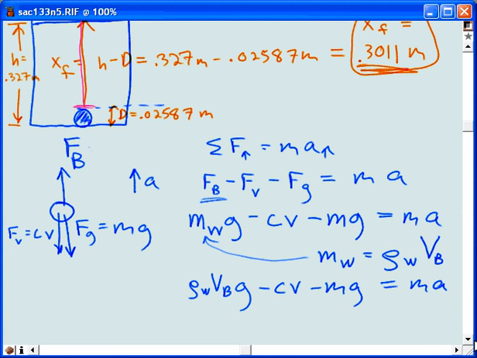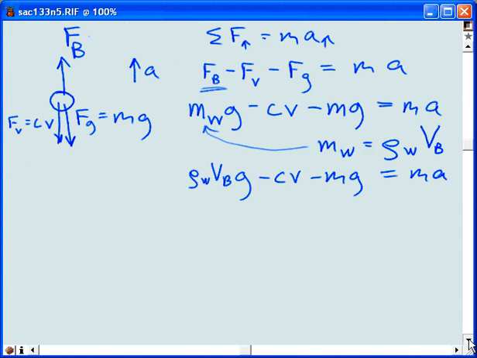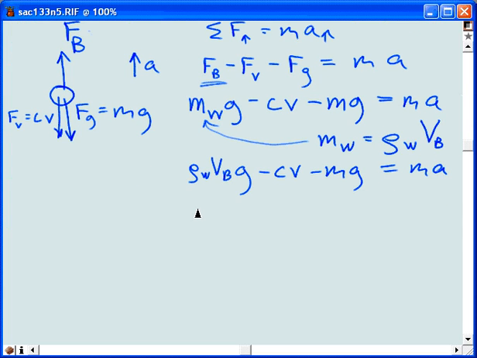Equals m a. Then I'll divide both sides by m and switch the order. So I'll have a is equal to, I'm dividing both sides by m. Actually, maybe it'll be easier if I go ahead and write that in every place. So then a is just equal to rho_w V_b over m, all times g, is that first term.